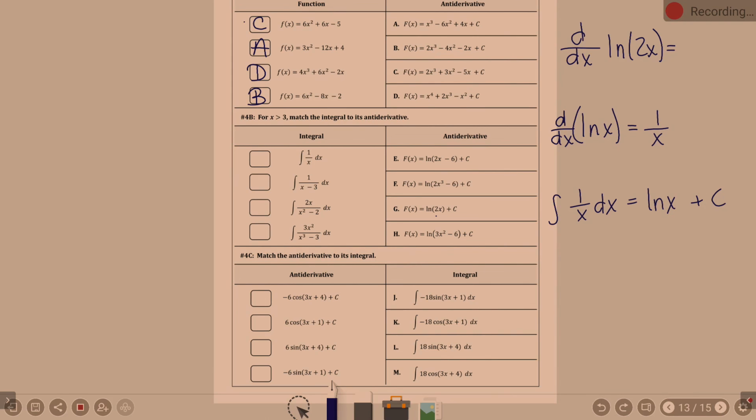The derivative of the natural log of something is 1 over something times the derivative of something. What's the derivative of 2x? 2. You see it now? I think if I do some of this working the derivatives, you'll start to see it.